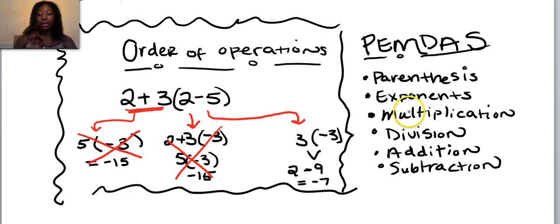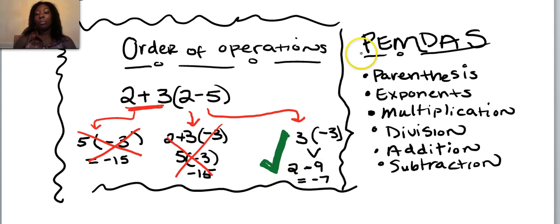This person did parentheses and then they multiplied and then they did the subtraction. So it turns out that this lone answer that seemed to be the incorrect one because it was different from the other ones is actually the right answer, because we follow the rule that we use to do math, PEMDAS.